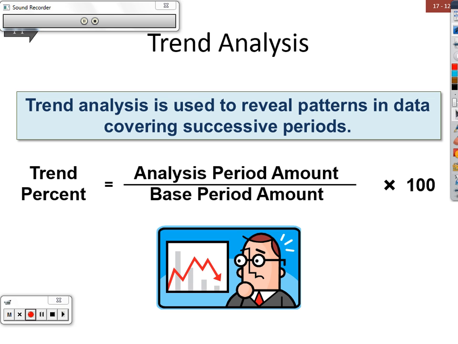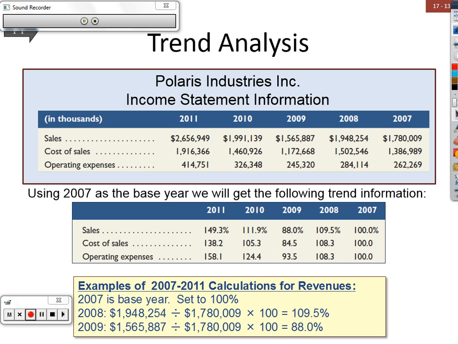The percent change that we did with the horizontal analysis, same exact process. So let's look at that. If we were doing analysis amount divided by base amount and multiplied by 100, they're saying here that the base year is 2007. And our analysis year is going to be the current year.